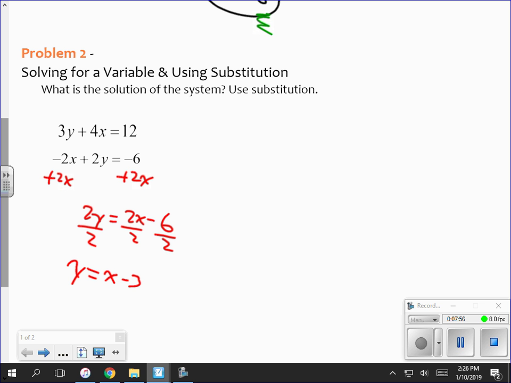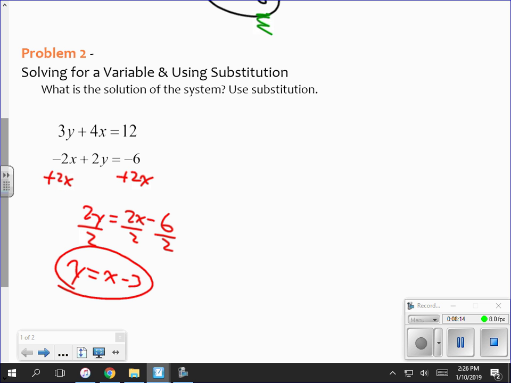I have to get y equals or x equals first. If I don't have one equation that has that, I have to do that. That's my first step I did here. Rearranged it to get y equals. Now I know what y is. What is y? Y is x minus 3.